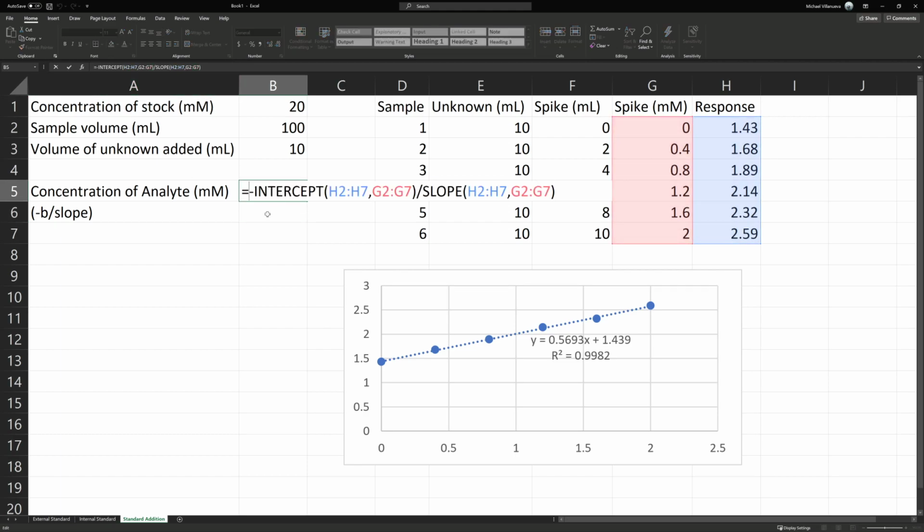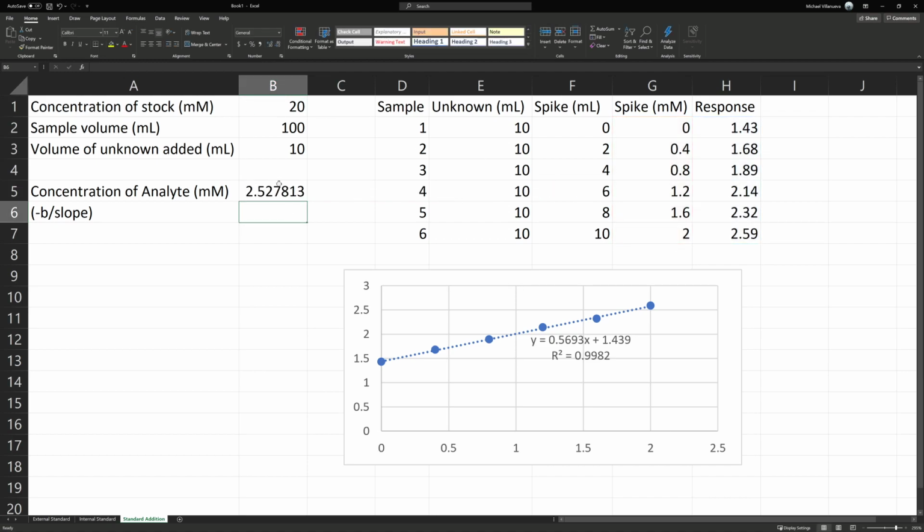This equation right here, we actually need this to be the absolute value. I was wondering why my value was negative. There we go. So this would be the concentration of this solution right here that has been diluted.